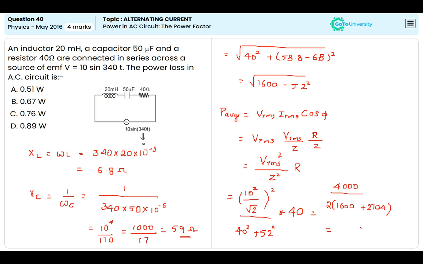We get the approximate value, that is 0.46 watts. But here the closest answer for this one is 0.51 watts. Option A is the right answer.